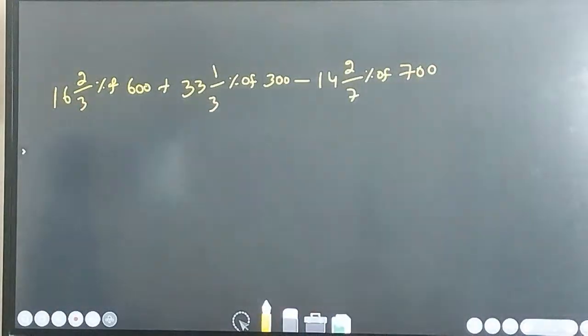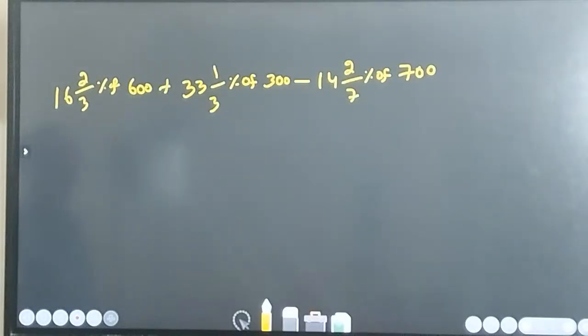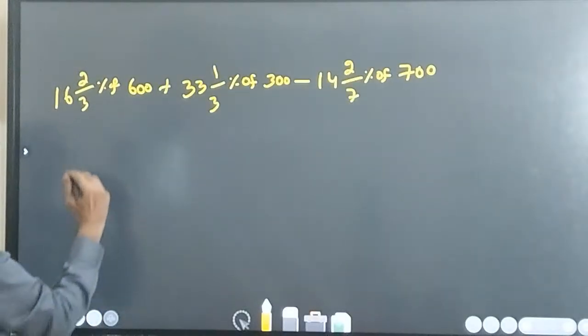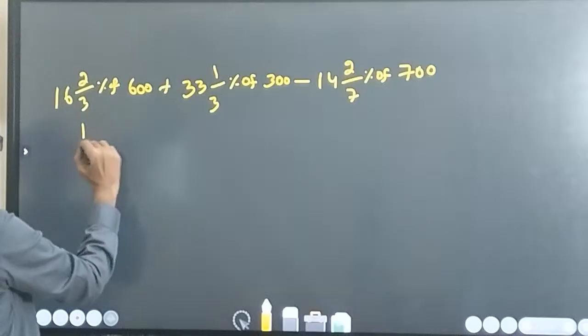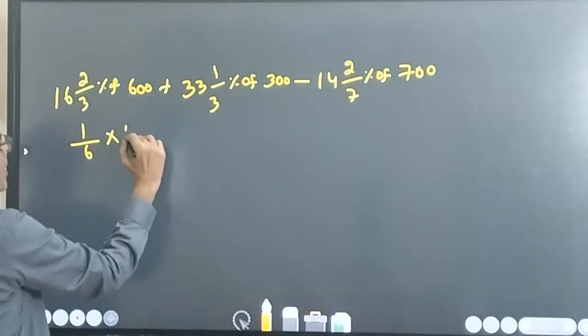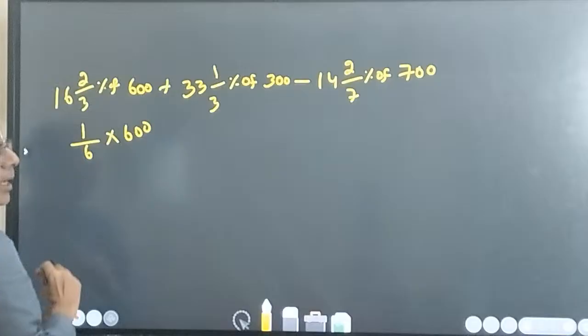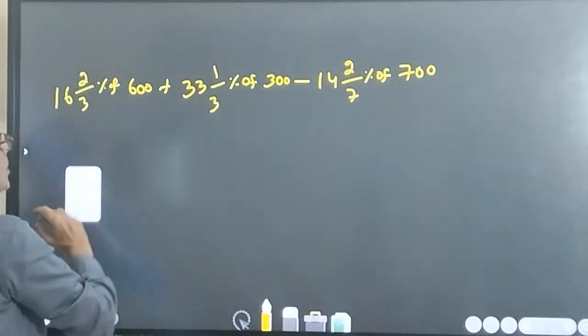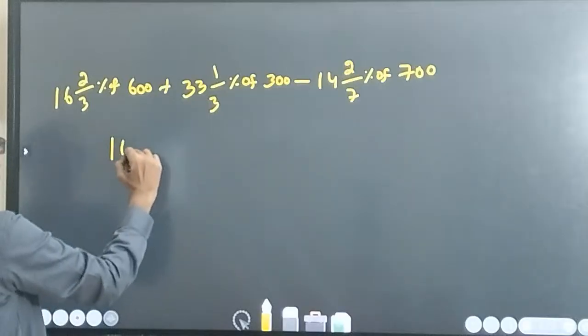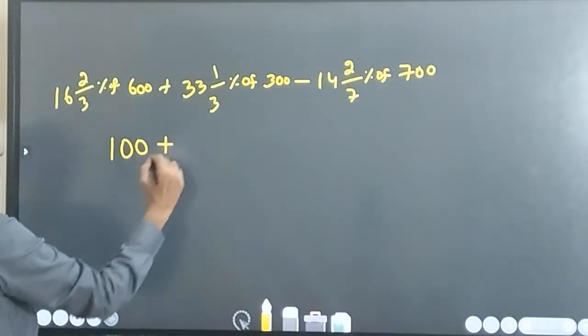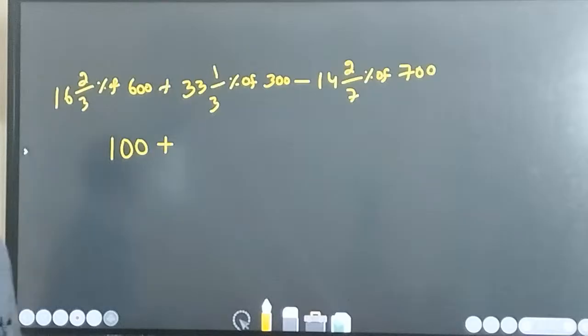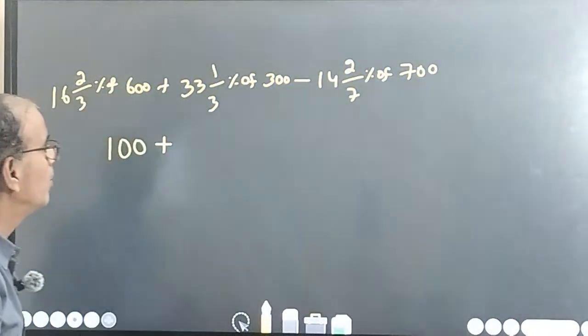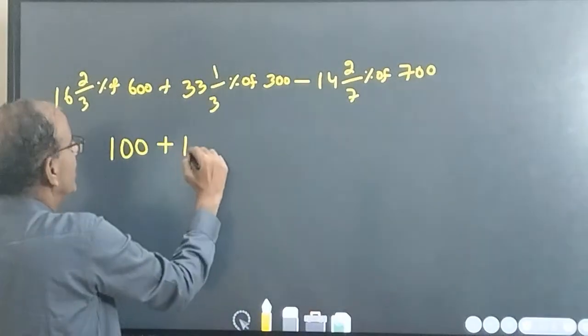Question simplify. You know that 16 2 by 3% is 1 by 6. 1 by 6 into 600. Okay, you did not write, just you can understand. 1 by 6 into 600, how much? 100. 33 1 by 3%, that is equal to how much? 1 by 3. 1 by 3 into 300, how much? 100.